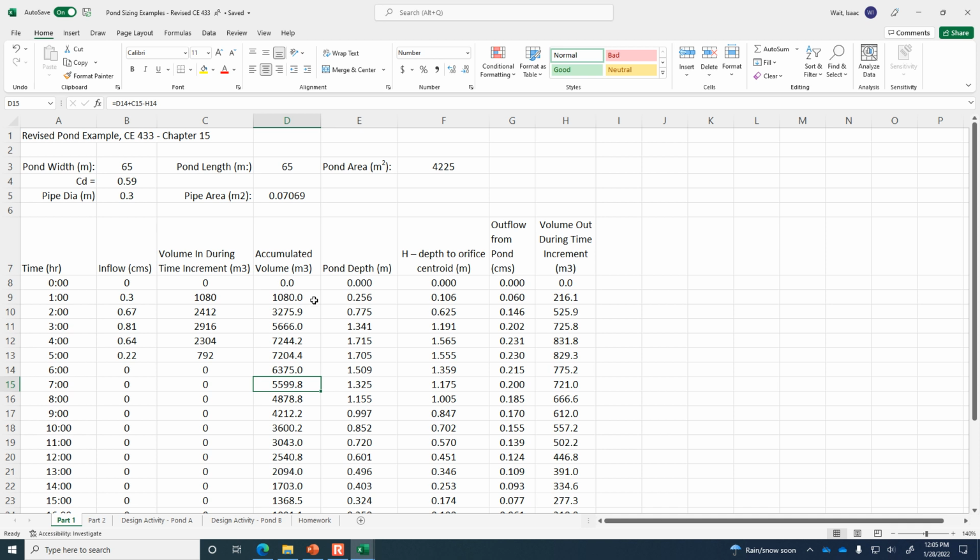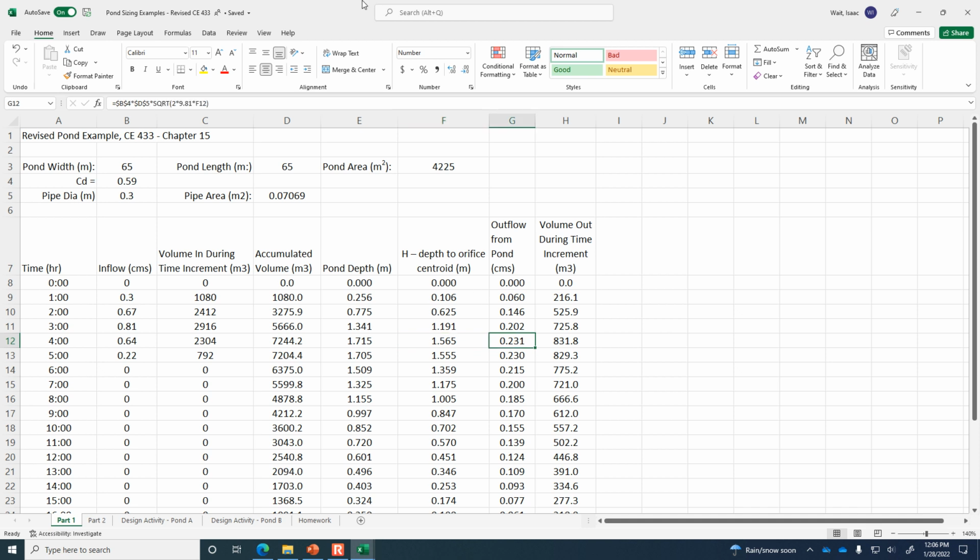Some of the intermediate steps that we had to follow through in order to do that was calculate the depth of water in the pond. It's simply a function of the area of the pond and the volume of water that's there. So we found out what was the water depth in the pond, what was the distance from the center line of the outflow pipe up to the water surface, and that's h, that is used in the orifice equation, where velocity is the square root of 2gh.